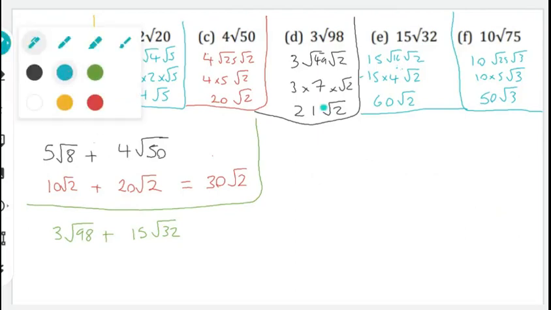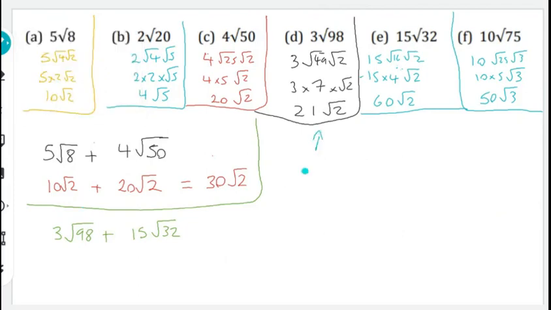That's it. So the first one we got from this part was 21 square root 2. Next we got from this part 60 square root 2. And as you said, 81 square root 2. So yeah, that's pretty much how that one works.